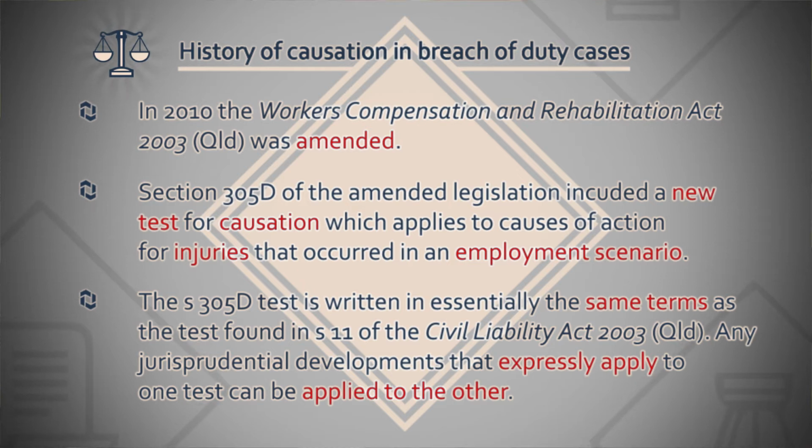The provision taken up by that Act, operative in respect of injuries which occurred on or after 1 July 2010, is, with a couple of words difference which are of no consequence, in exactly the same terms as Section 11 of the Civil Liability Act.